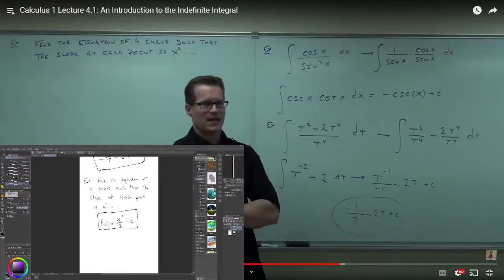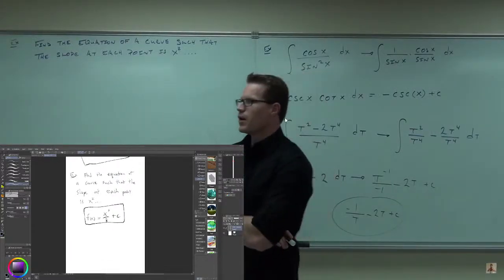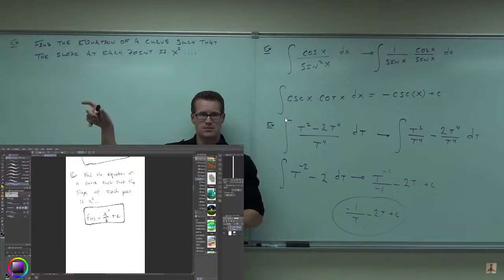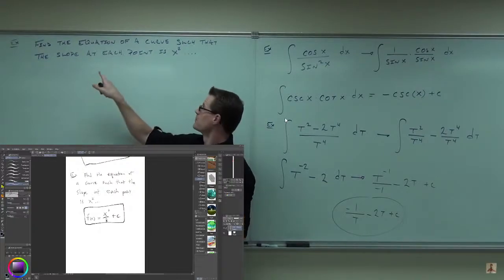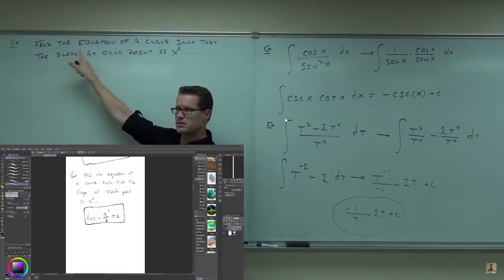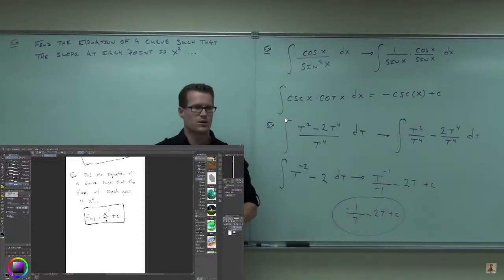What gives you the slope of an equation? Basically it asks: give me an equation so that when I take a derivative of it, the derivative is x squared. That's basically asking for the antiderivative. That's what this question asks.